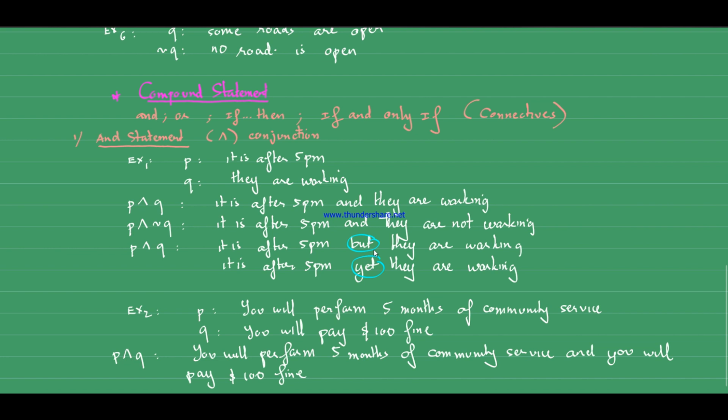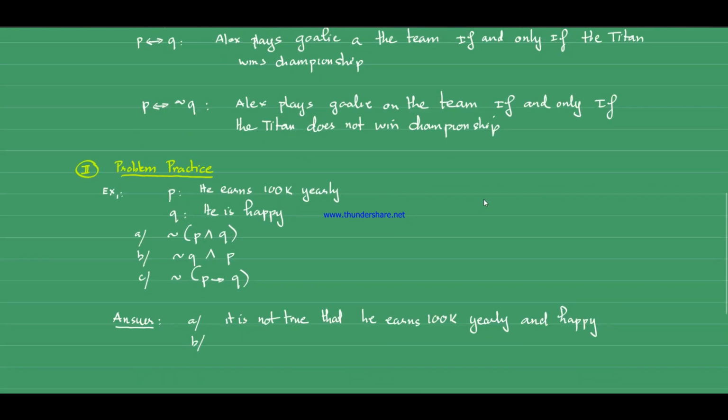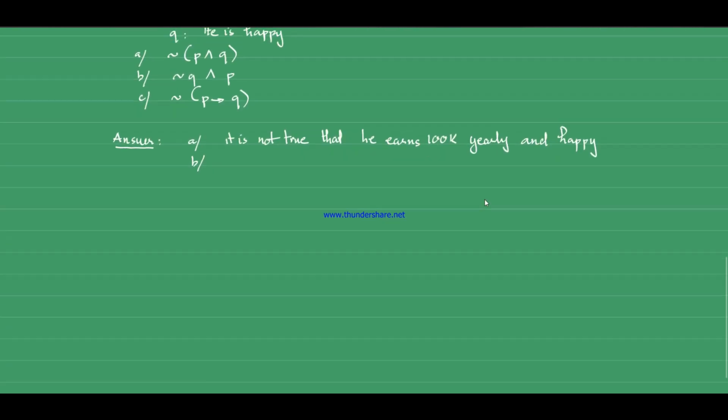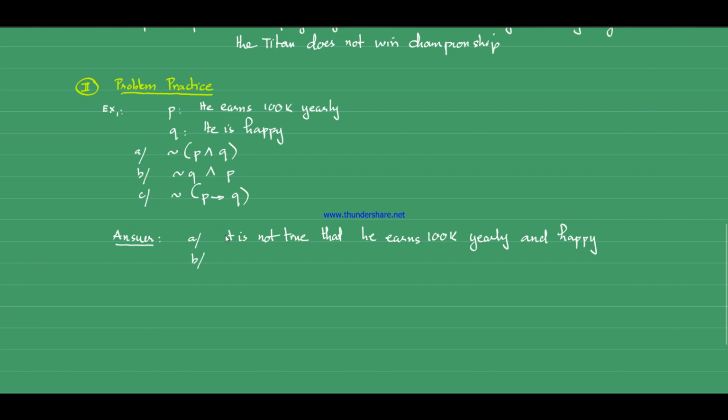So in this case, we can put: he does not earn 100,000 K yearly, but he is happy. There you go. You can write it like that.